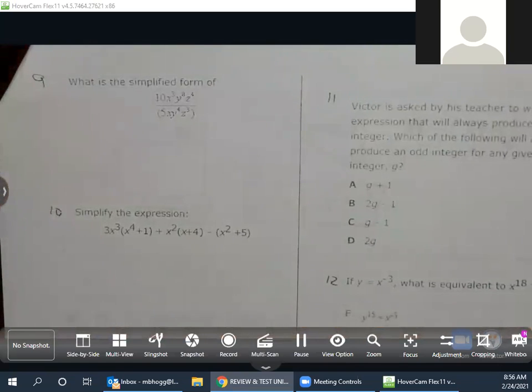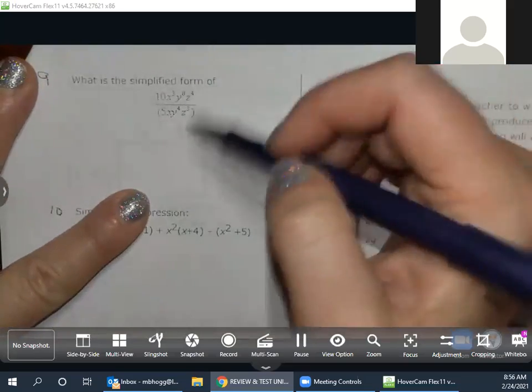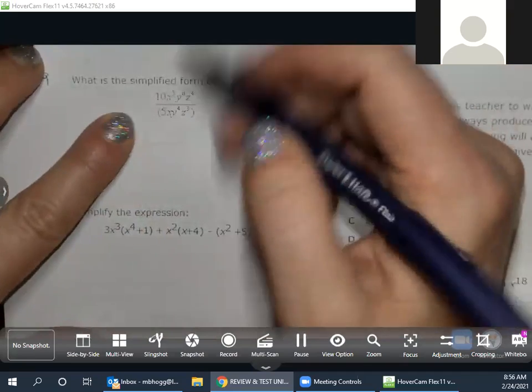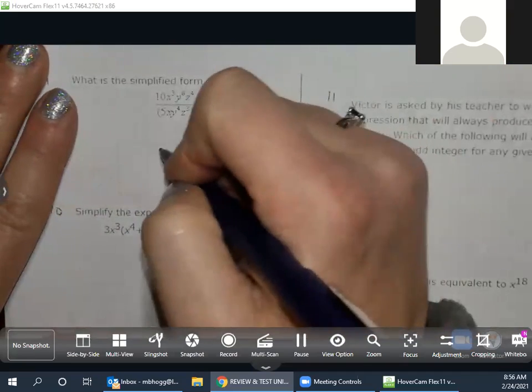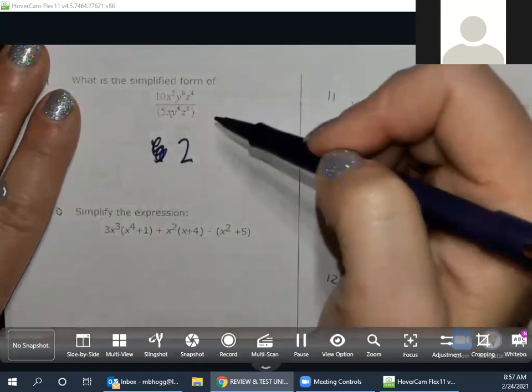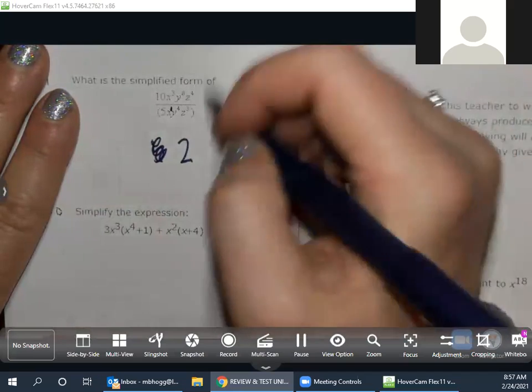All right, so simplify this. It says write the simplified form. Well, it just means to answer it. What do you do with your numbers? Your regular numbers. Just divide those like normal. 10 divided by 5 is 2. And then what do you do with your exponents? Yep. So you have a 3 and then a 1 on the bottom for the x's.